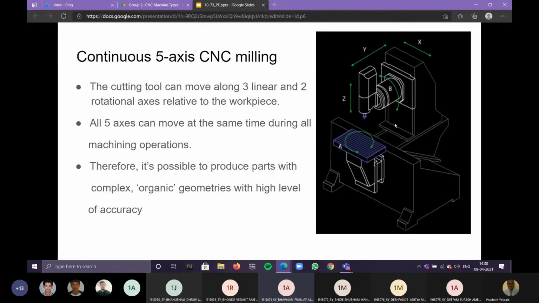The bed can rotate, and the tool head can rotate at the same time during operations too. So this makes it easier to manufacture curved surfaces. As I said, curved surfaces or organic geometries are very easy to manufacture using 5-axis continuous CNC milling.